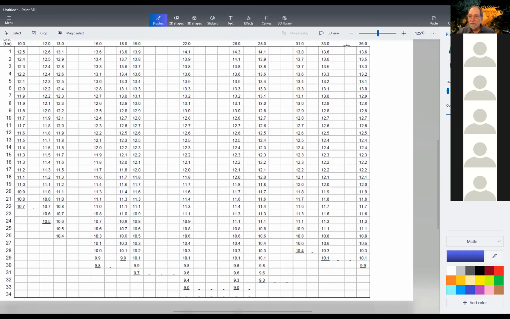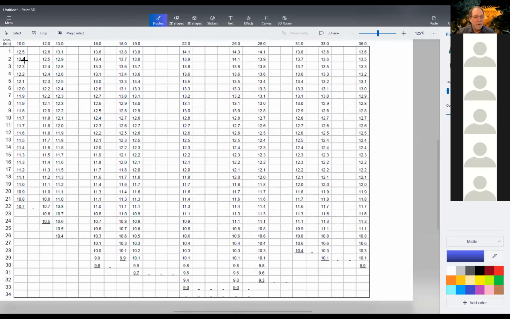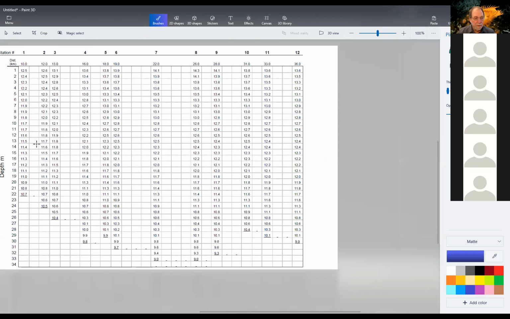So this is what we call a CTD cast, meaning that you cast it over the side. Each of these numbers are recorded for the depths and distance from shore. This is the depth in meters, so this is every meter down to whatever the maximum depth was. And you remember that that conductivity, temperature, density profiler gives you a profile of the ocean at a particular point.